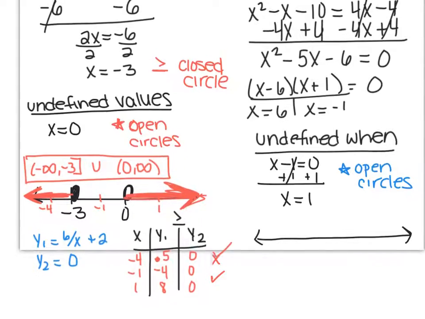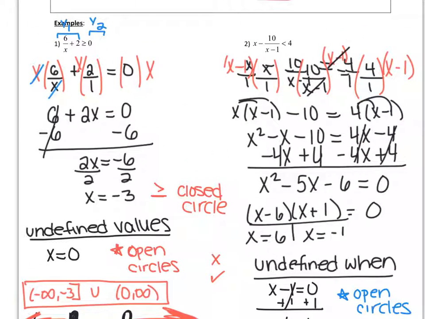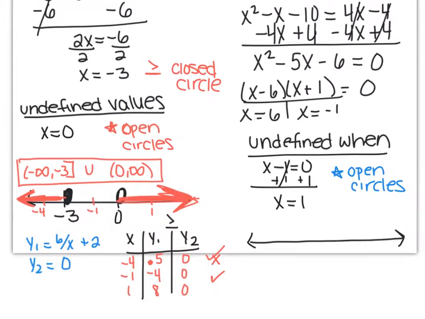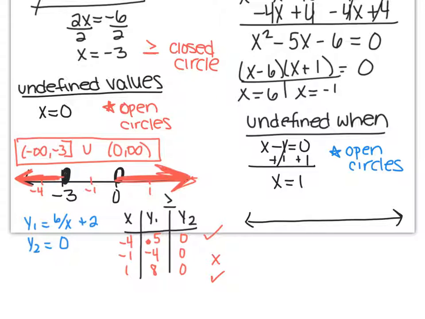And the values here depend on the original. So these two values depend on this sign. So because it's a less than symbol, we're going to make sure we use an open circle as well. So open circle because it's a less than, no line under it. So we have -1, which gets an open circle, 1, which gets an open circle, and then 6, which gets an open circle.